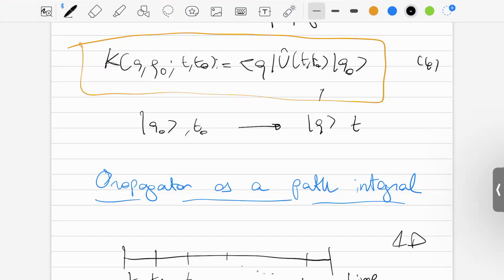So we have in total n plus 1 intervals. At the end, we will take the limit for n going to infinity, because we want to recover the continuous limit.